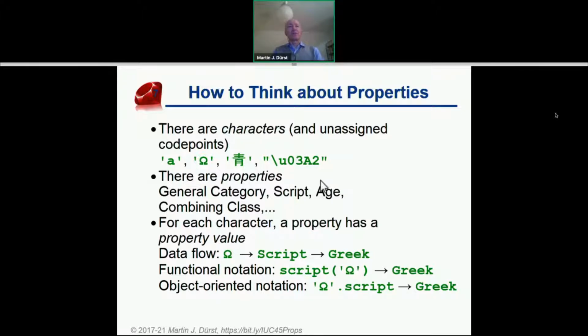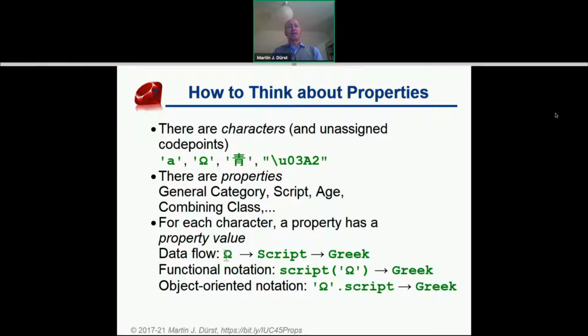Then we have properties, something like general category, or script, or age, combining class, and so on. And then for each character, a property has a property value.